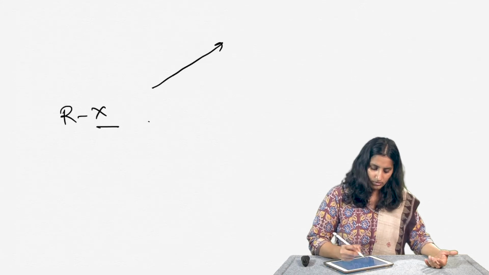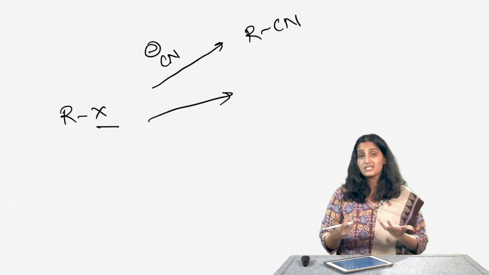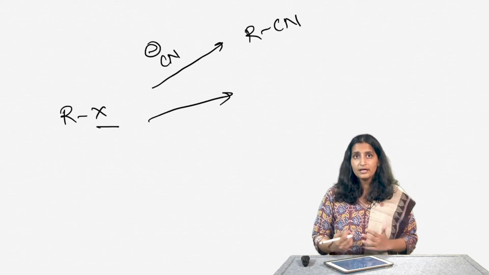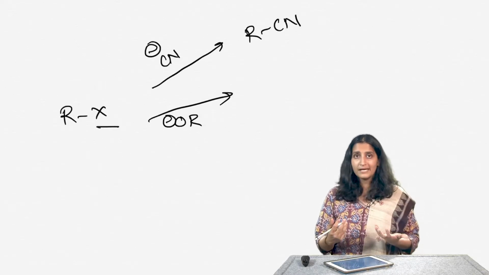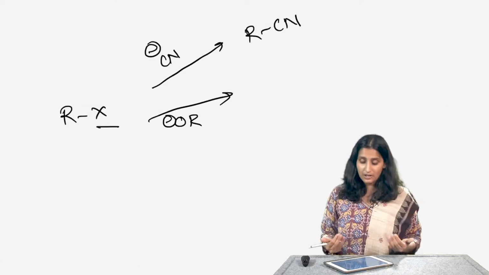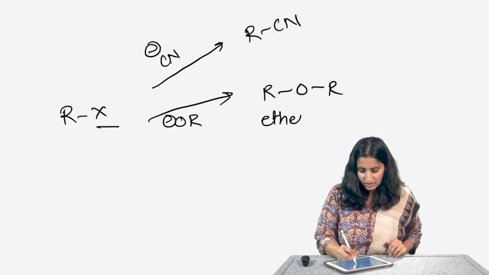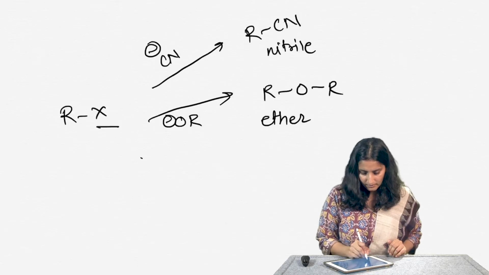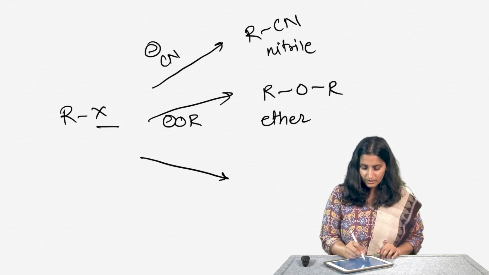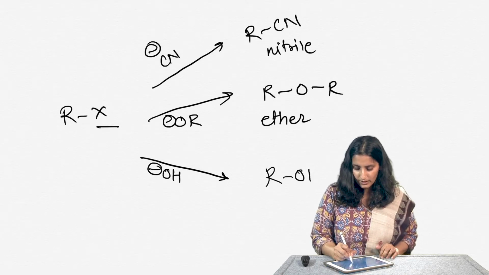If you react it with a nucleophile like cyanide, you can convert this to RCN, which is a nitrile functional group. If I react it with a nucleophile like OR minus, like ethoxide or methoxide, I can convert this to ROR, which is an ether functional group. If I react it with OH minus, I can convert it to the corresponding alcohol.